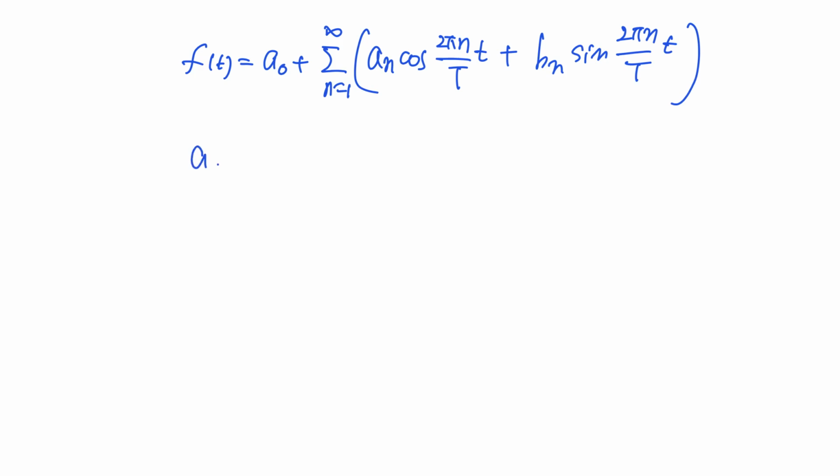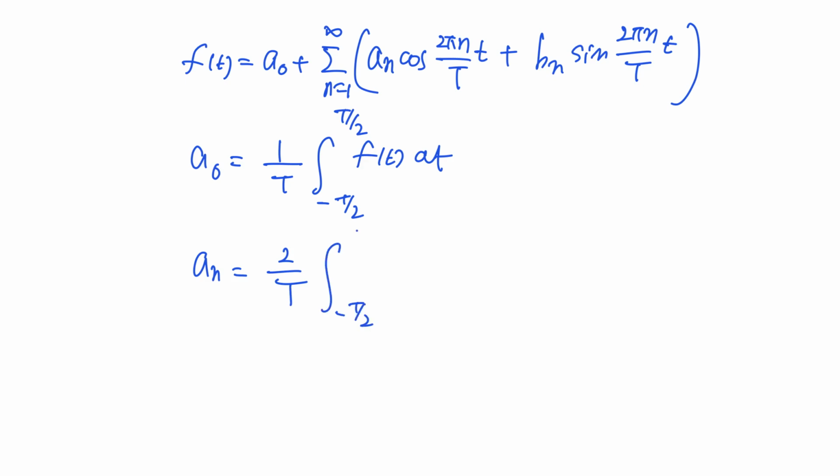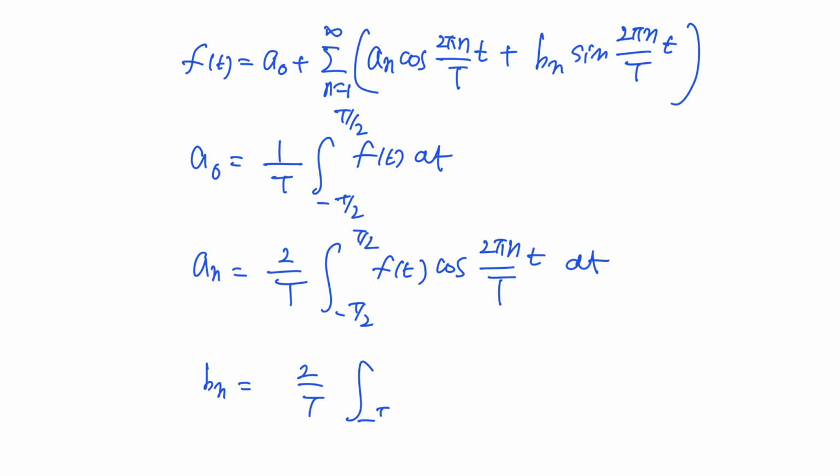And I think I derived the formula: a0 is 1 over T times the integral of f(t) dt over one period, right? an is equal to 2 over T times the integral of f(t) times cosine(2 pi n t over T) dt. bn is equal to 2 over T times the integral of f(t) sine(2 pi n t over T) dt.